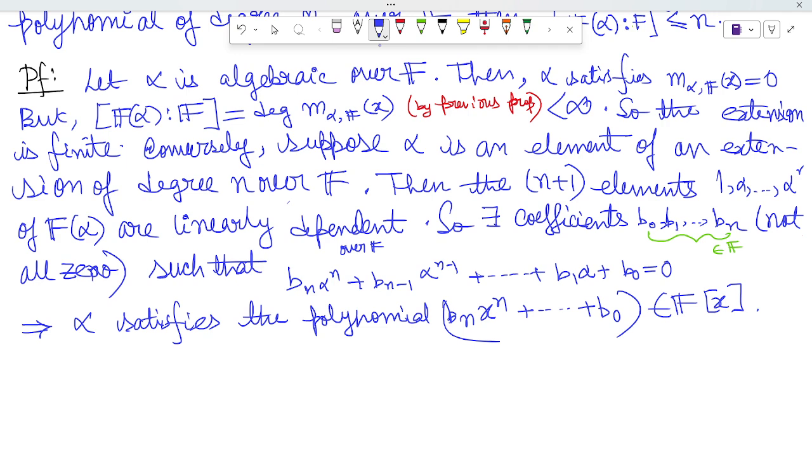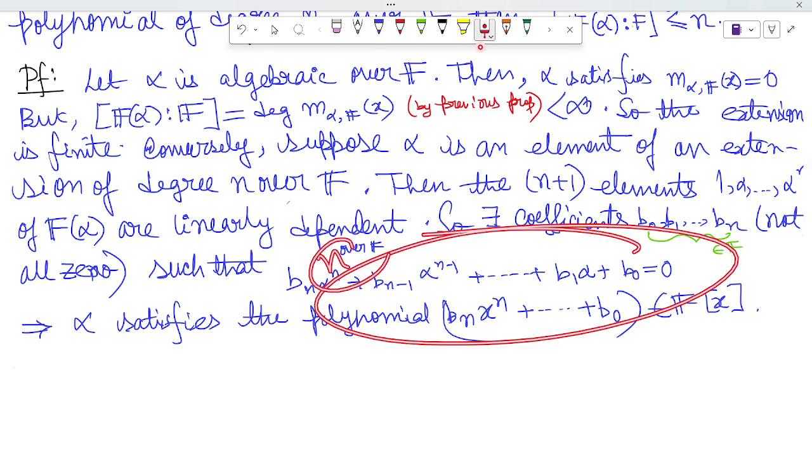Now alpha satisfies this, which is an n-degree polynomial.